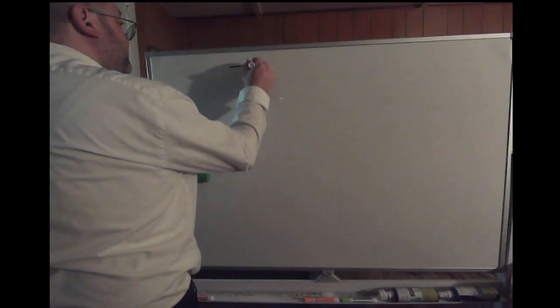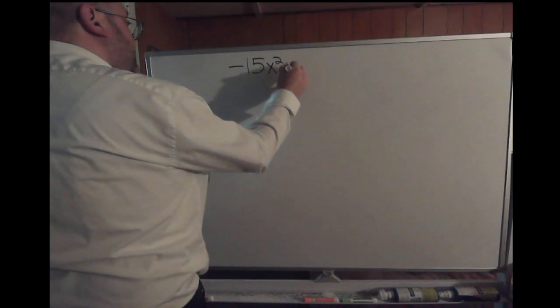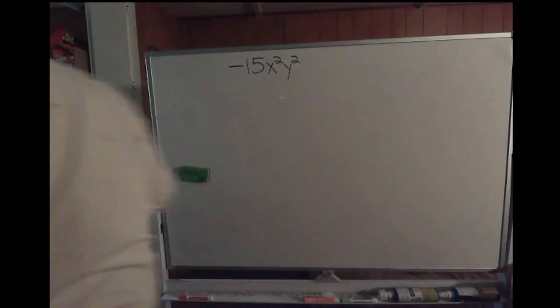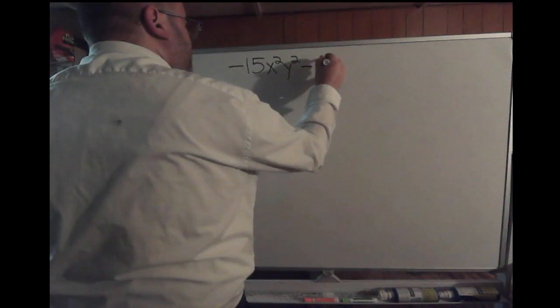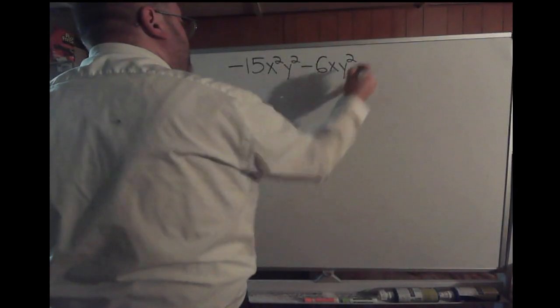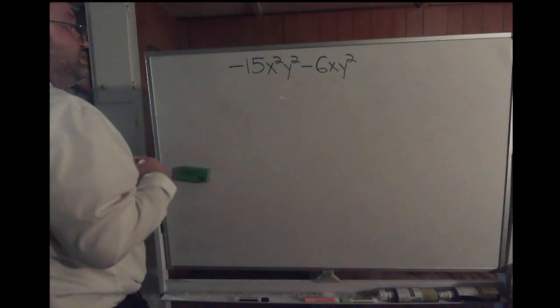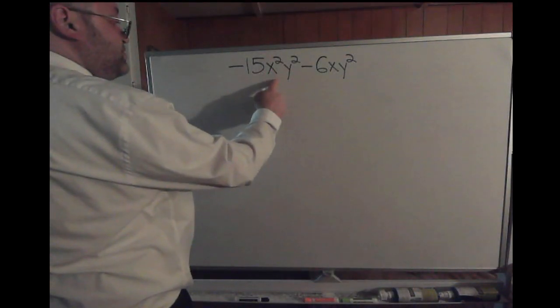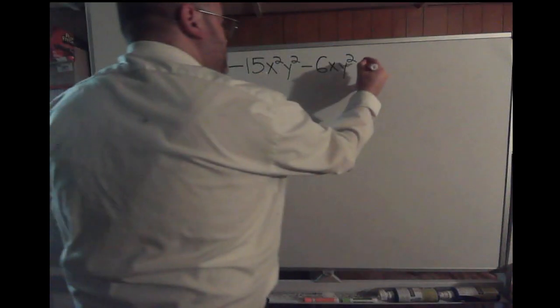Alright, negative 15x squared y squared minus 6xy squared. Alright, so we got negative 15x squared y squared minus 6xy squared.